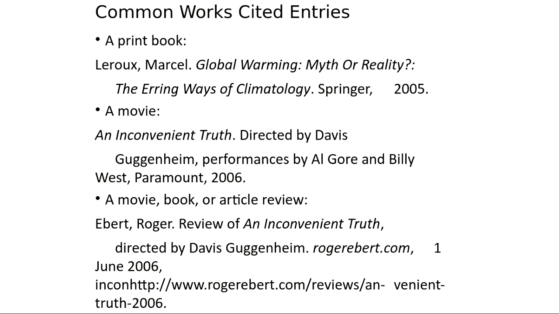Sometimes the review is given a title, and if it's an original title for the review, you would put that after the author's name. But if the title is just the title of the movie, then in order to avoid confusion, you just put review of, and then the title of the movie, who directed it, and then the site where you got it. Okay.